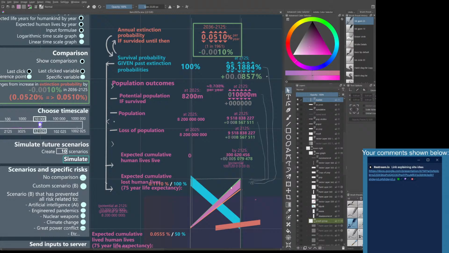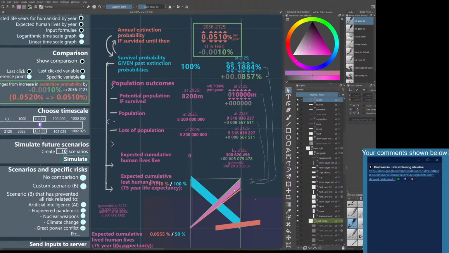And then the green line is the potential cumulative population. And I've colored the area between those to indicate, yeah, that's lost potential.